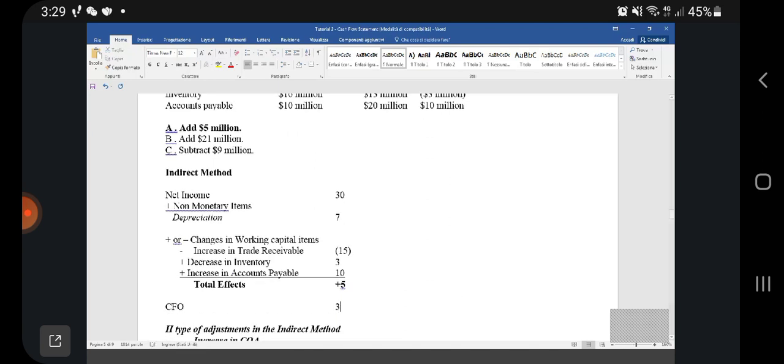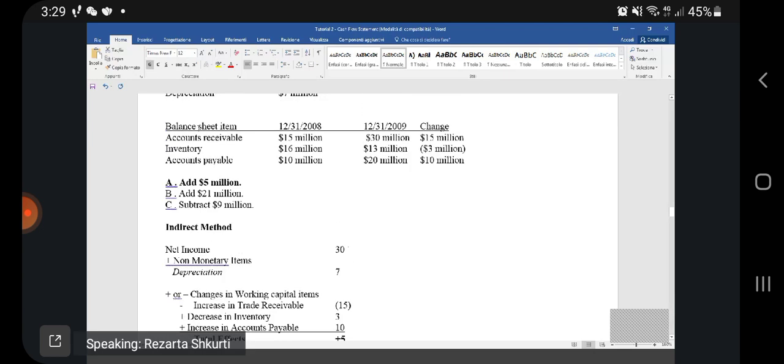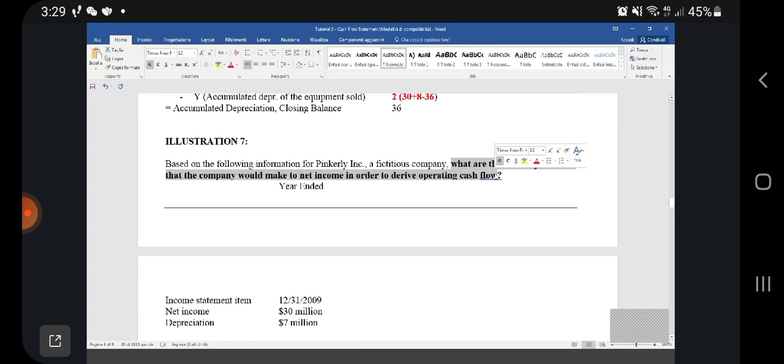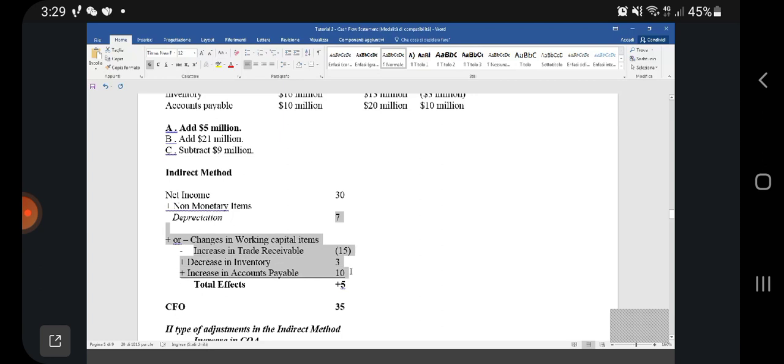But again, the question is not to calculate the cash flows from operating activities, but to calculate the total adjustments. So we are required only for the net effect of everything together. That's why the total effects are plus 5: 7 less 15 plus 3 plus 10.